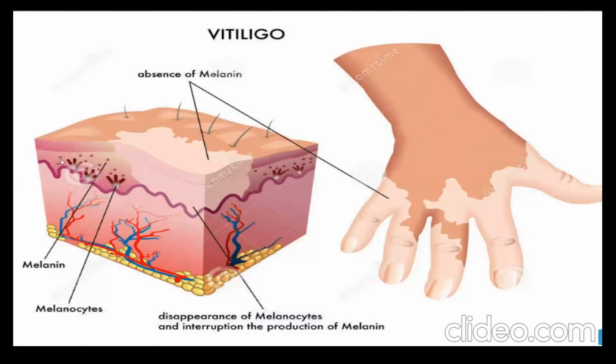Here you can see the histological image of vitiligo skin. You can see the absence of melanin, where disappearance of melanocytes and interruption of production of melanin has happened. Here are some melanocytes and melanin. But in the part of the white patch, there is an absence of melanin.